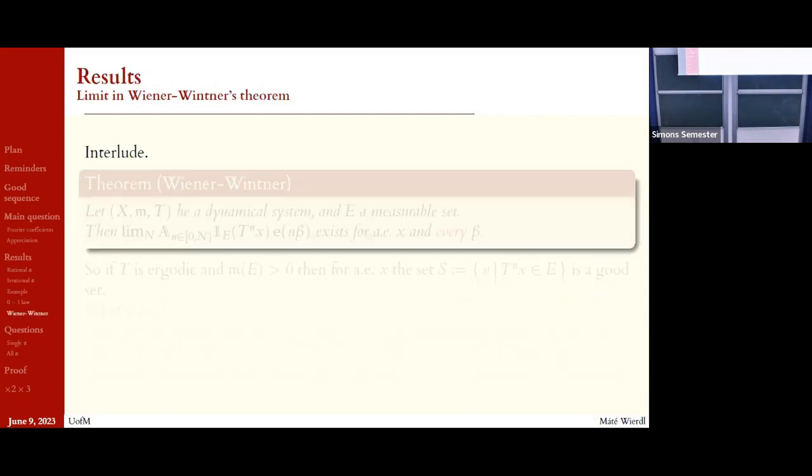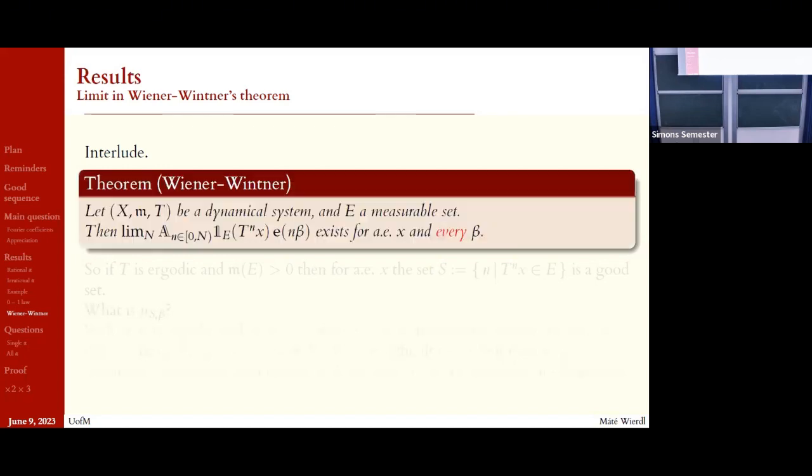It's a little interlude, because when you think about lots of possibly different limit measures, then I think some of us would think about the Wiener-Wintner theorem.